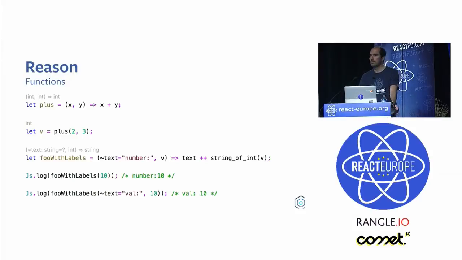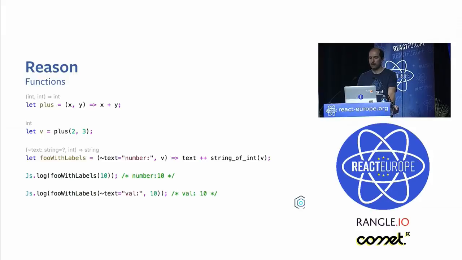In addition to this form of functions, there is another form that requires specifying labeled arguments. So if you look at foo with labels, this tilde text, that means that the first argument is labeled, it's called text, and it's also optional. By providing a default value, the string number, you specify that the argument is optional.